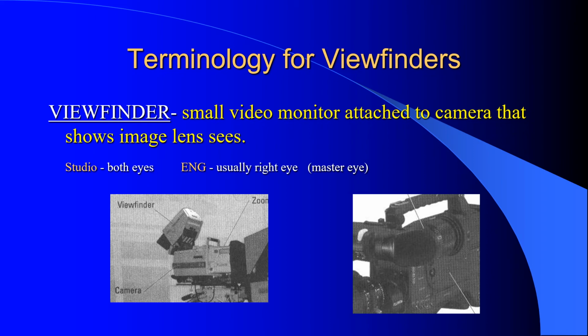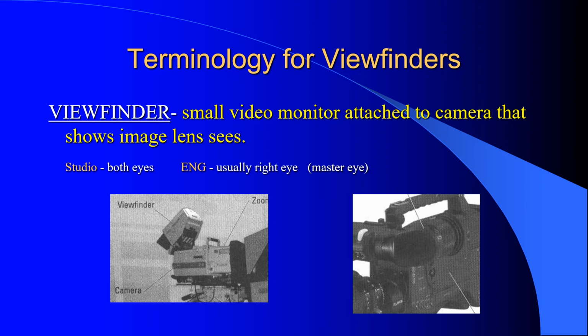It's going to be about 4 inches, 5 inches on the diagonal, and you can look at this little viewfinder with both eyes. But on the ENG or EFP cameras, the viewfinder is mounted on the left side of the camera so that when you put the camera on your right shoulder, it is your right eye, usually only your right eye, that can see it.